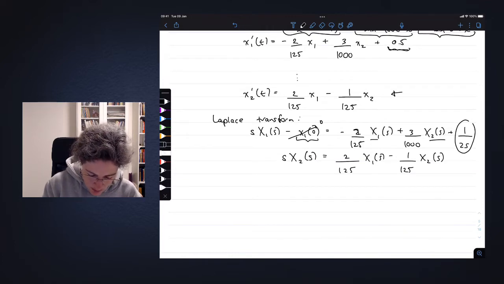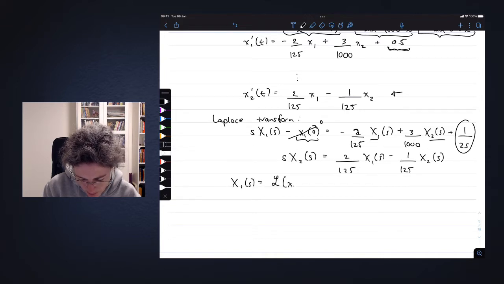And just to make it absolutely clear, big x1 of s is our Laplace transform of little x1 of t, and x2 of s is our Laplace transform of little x2 of t. Okay.